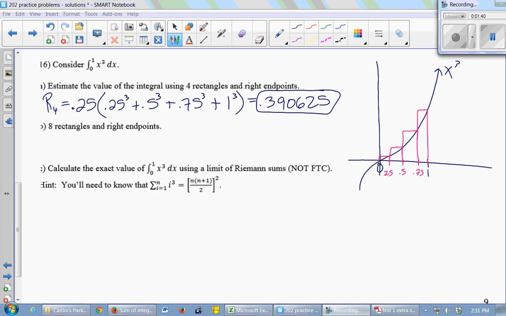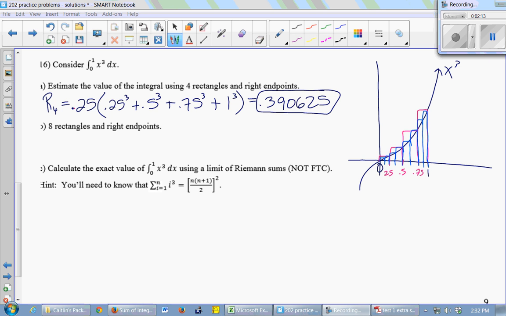All right, and if I wanted to use 8 rectangles instead of 4, I'll just put in another color my 8 rectangles. So I'm going to break this into 8 pieces instead of 4, and build a rectangle on each one. That's going to give me a more accurate estimate of the area under this curve than 4 rectangles did. More rectangles is always a better estimate.